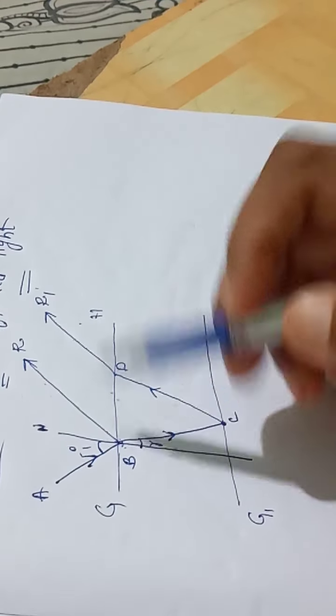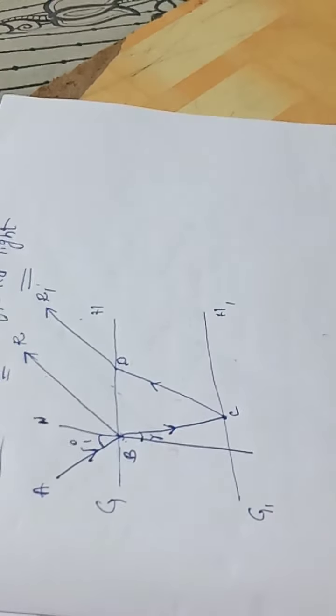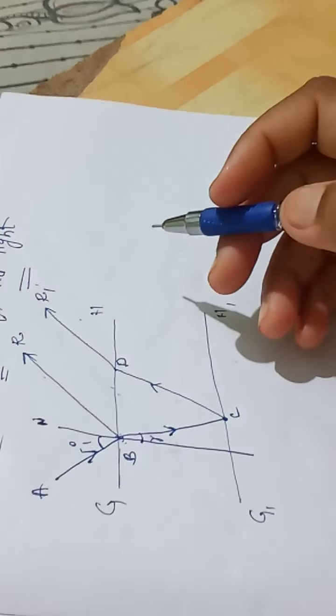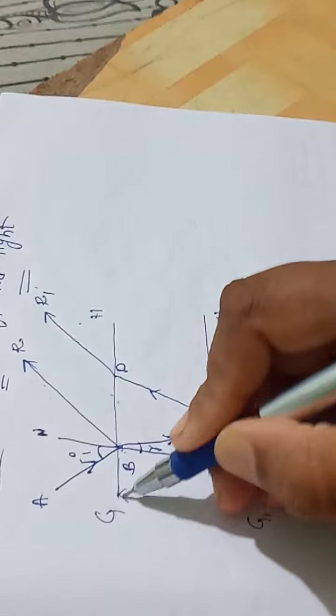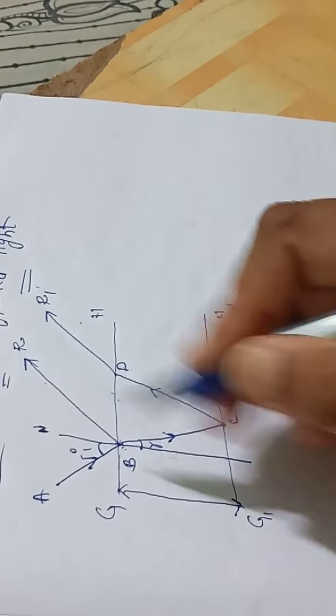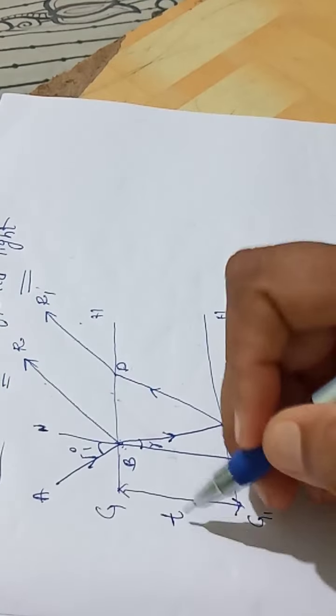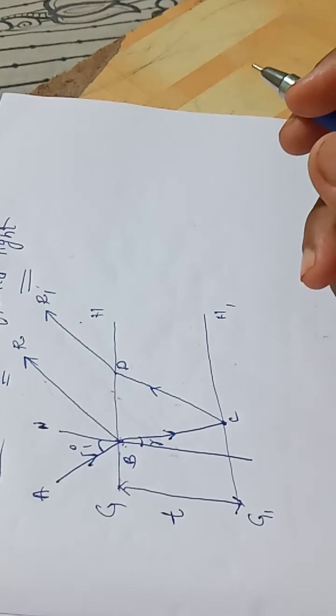So the condition for interference is satisfied. Now let us find out the cosine law. Let the thickness of this transparent film be T.